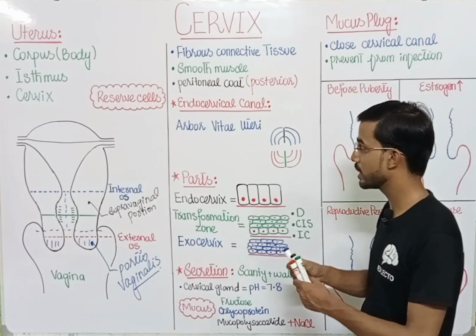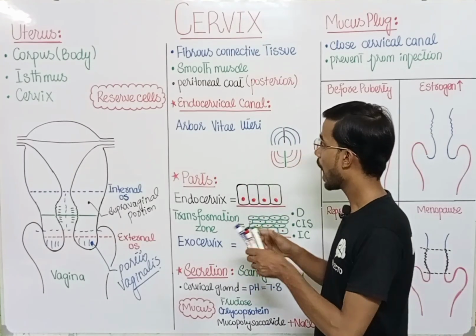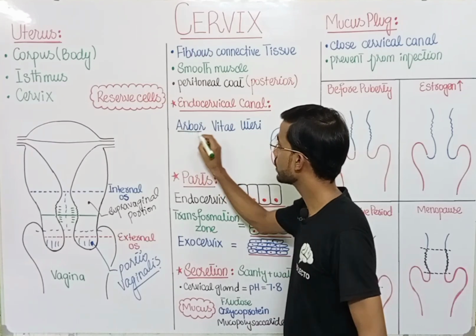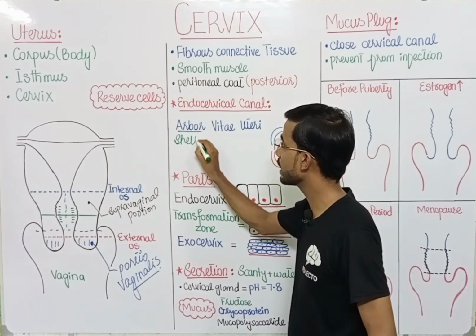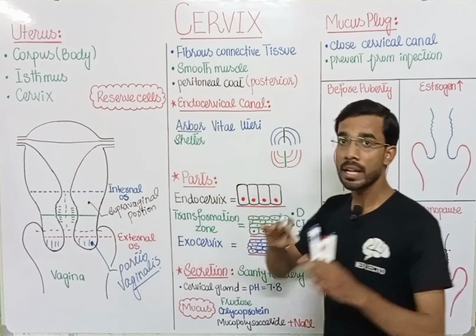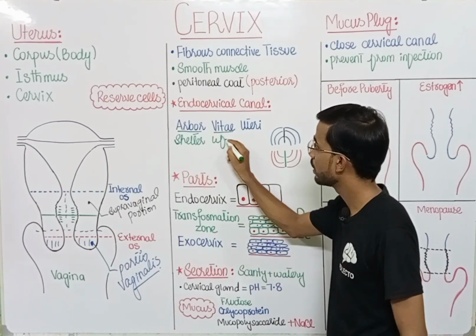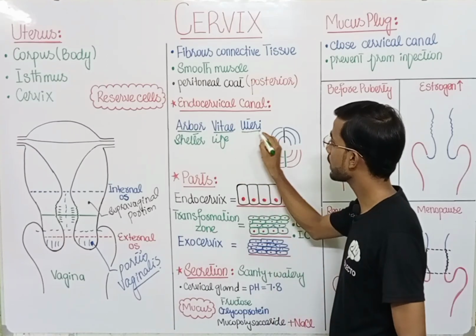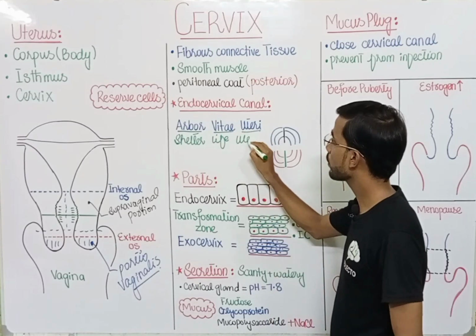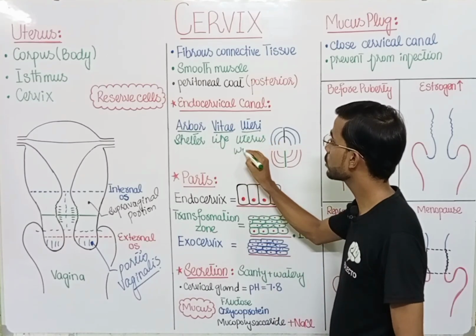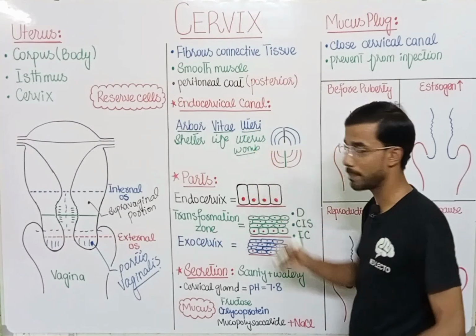Arbor means a tree-like shelter that forms in parks, vitae relates to life, and uteri means uterus, or womb, in which you will see the growth of the baby.